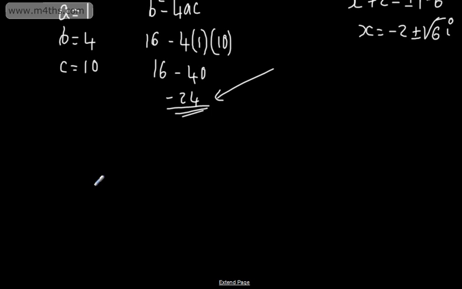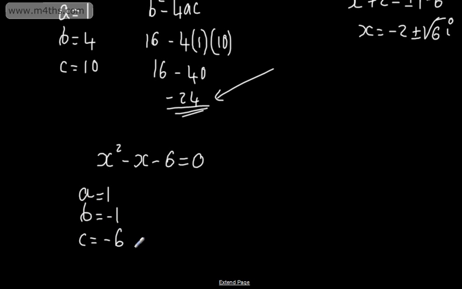If I took an equation, for example now, x squared minus x minus 6 is equal to 0, on here what we've got is the value of a is going to be positive 1, the value of b is going to be negative 1, the value of c is going to be negative 6. So using b squared minus 4ac, we got negative 1 squared, which is 1, minus 4 lots of 1 multiplied now by negative 6. So that's going to give us 1 subtract now 24, which is 25.